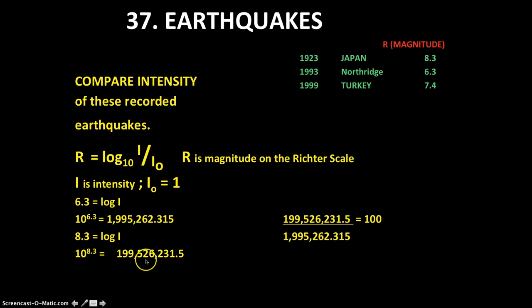It has 2 more tens in the product of it. That moves my decimal. So if I divide the 10 to the 8.3 by the 10 to the 6.3, I find out it's 10 to the second, which is 100.